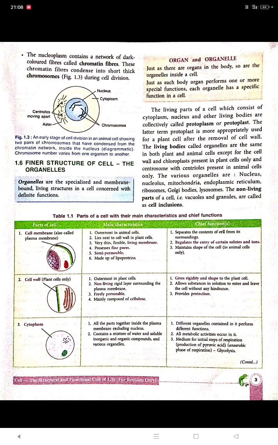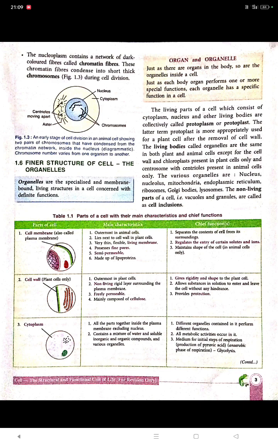Okay, next, cytoplasm. All the parts together inside the plasma membrane, excluding the nucleus. It contains a mixture of water, soluble inorganic and organic compounds, and various organelles. Next, the functions of cytoplasm are: different organelles contained in it perform different functions.